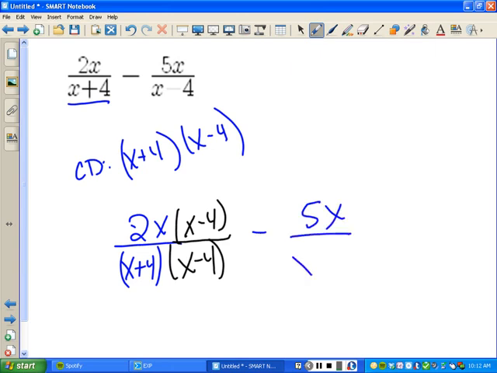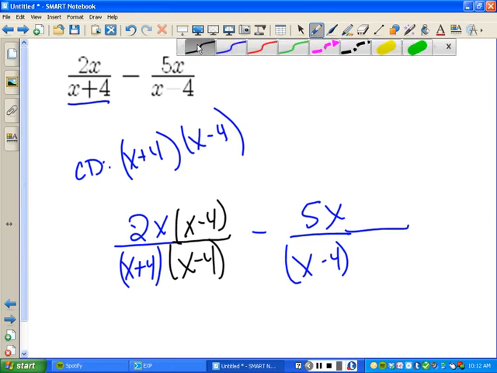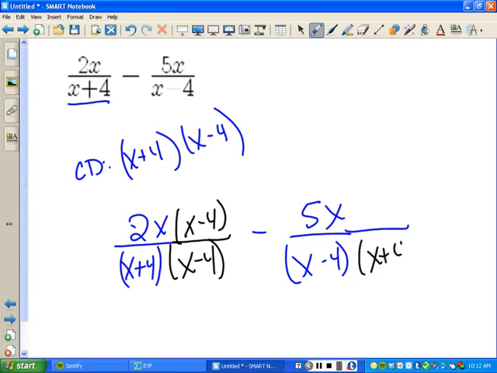I've got the x minus 4. What am I missing? I'm missing the x plus 4. If I put it on bottom, I must also put it on top.